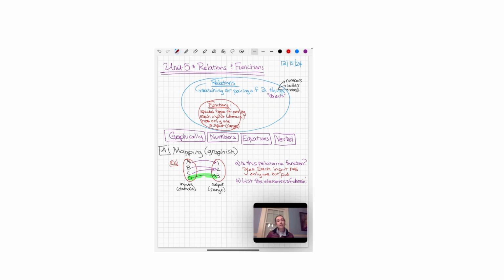Fun fact, when we play this game, we usually put those elements as a list with little curly brackets around them. So I make these crazy curly brackets. Usually when you're just starting to draw these curly brackets, they look crazy on your paper. Don't worry. They look crazy on my paper too when I started. So we're listing the elements of the domain. That's our game. You jot it on your paper. I'll jot it on mine. We'll see if we match.